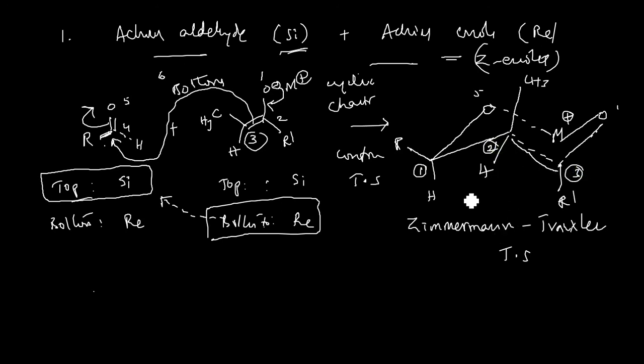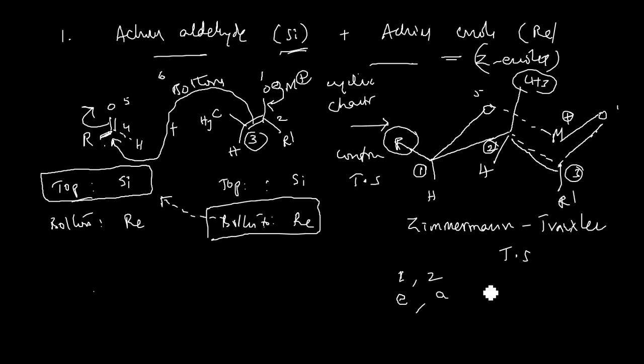Observe the positions of this R. The alkyl group in the first position is equatorial, whereas in the second position this methyl is in the axial position. So that means these are axial and equatorial positions.